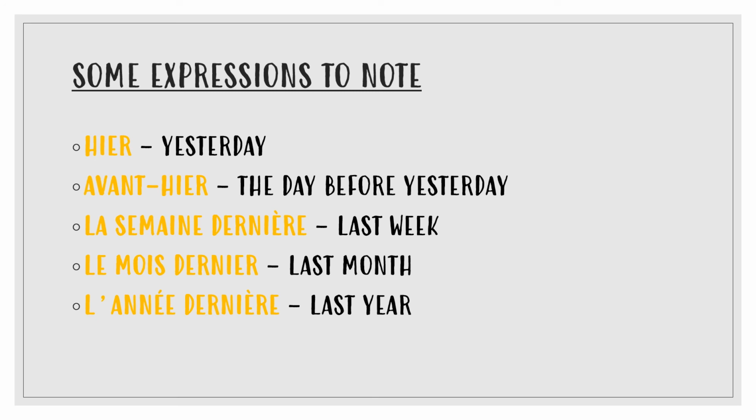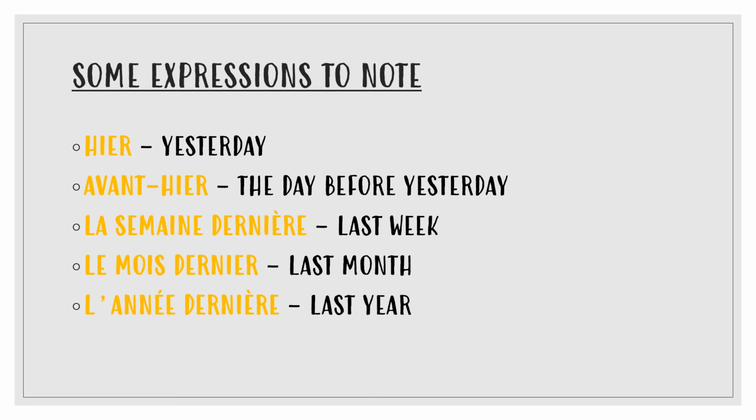Le mois dernier. Last month. Same thing. And for example, l'année dernière. Last year. L'année, une année, feminine. You could also say l'an dernier. L, A, N. Un an. A year. Un an or une année. Same thing. Year. One masculine, one feminine.